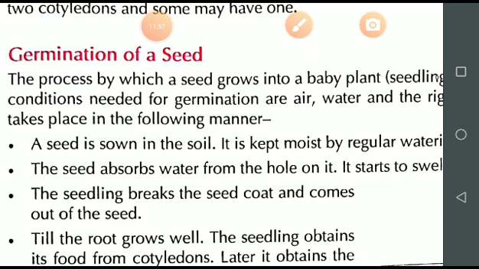That is the reason whenever you see the farmer doing the cultivation, before doing cultivation, first of all they make the land ready for the crops. They make the soil very soft.